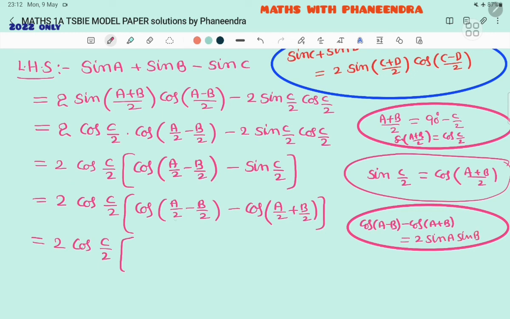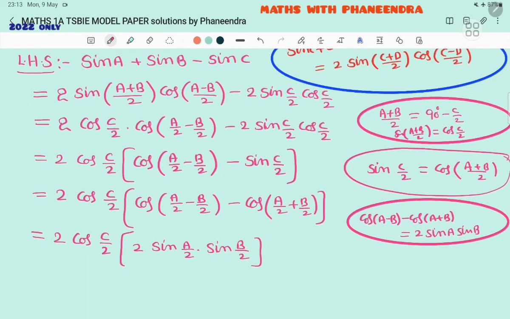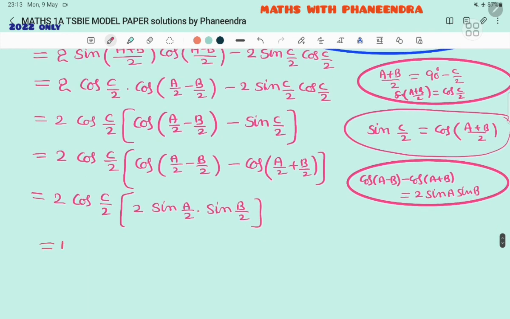So here in place of a, a by 2 and b by 2 are there: 2 sin a by 2 into sin b by 2. So 2 twos are 4. First sin a by 2, next sin b by 2 into cos c by 2, which is the required RHS.